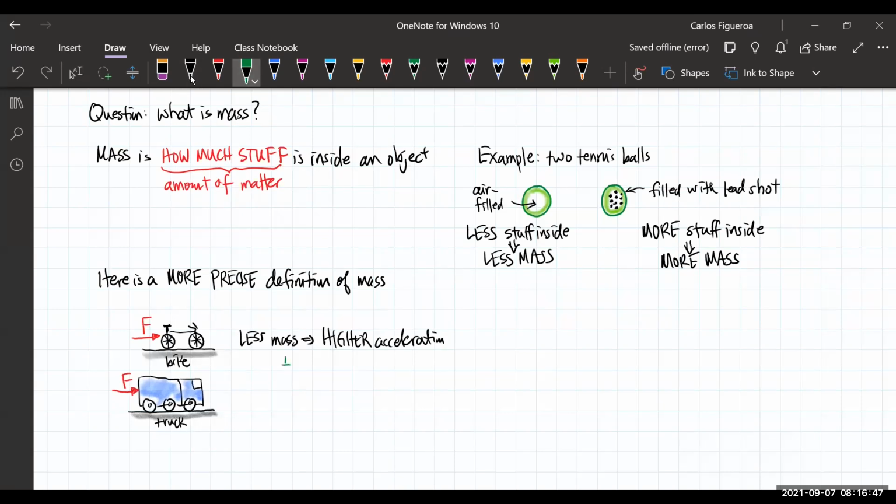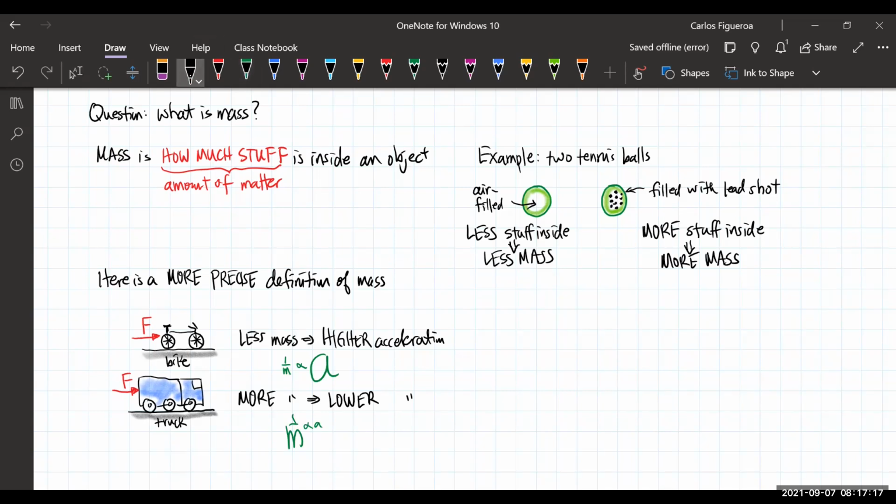We said a little mass gives us a high acceleration. Then we said more mass implies a lower acceleration. So when I look at this guy, I mean this. So this is sort of a repeat of what we just said.